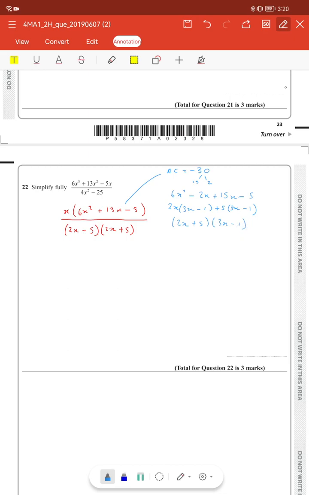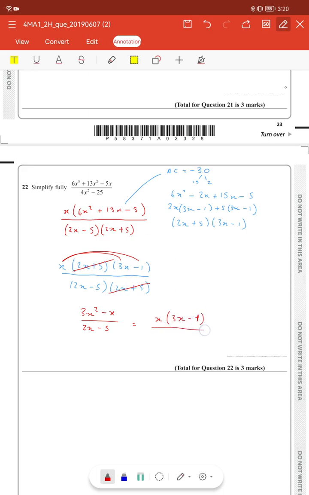And here we can then write it as x, 2x plus 5, 3x minus 1, all over 2x minus 5, 2x plus 5. And what we get here is the 2x plus 5's will cancel out, and I can multiply the x in, so I get 3x squared minus x over 2x minus 5. That would be as simple as you can really give it. Or you can give it as the factorized version, which would be this.